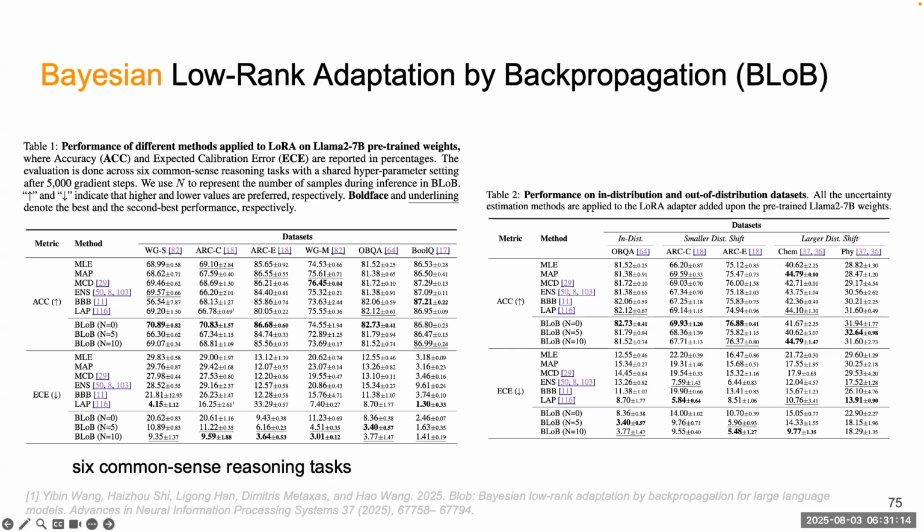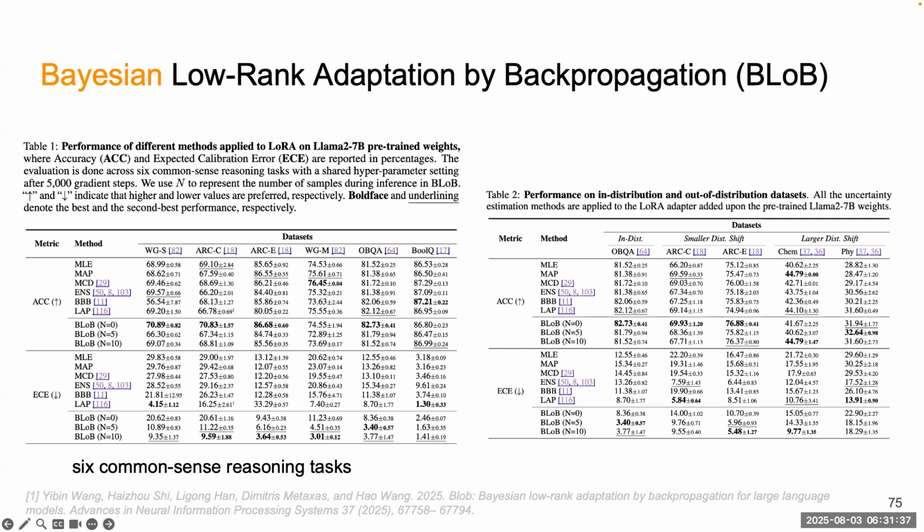And you can see that they reported the performance on Llama 2 7 billion pre-trained weights, reporting the accuracy and the ECE in percentage. And you can see that they are achieving the best performance.